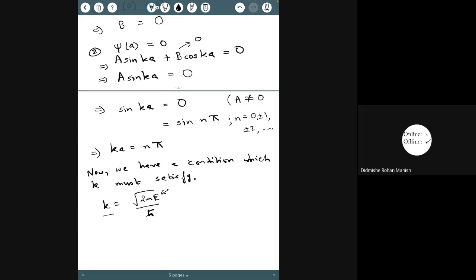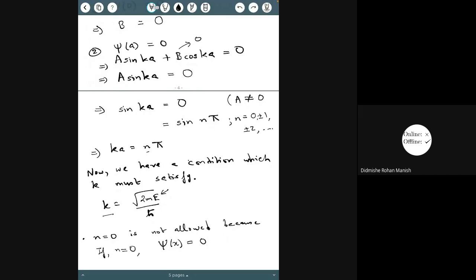So if n is 0, then k is 0, and that would mean that the wave function again disappears. Okay, so n equal to 0 is not allowed because if n equal to 0, psi x equal to 0 everywhere.